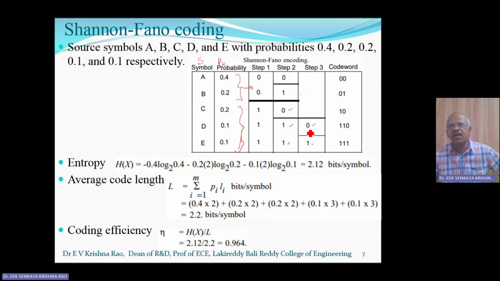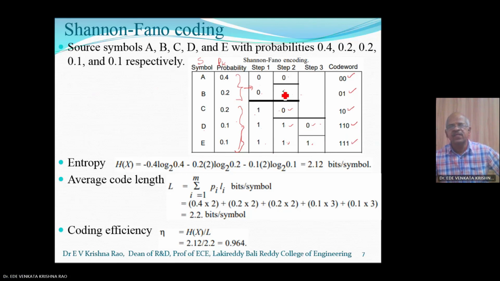Now, if you consider the total binary bits, A is encoded with 00, the symbol B with 01, C with 10, D with the 3 bits 110, and symbol E is encoded with 111.